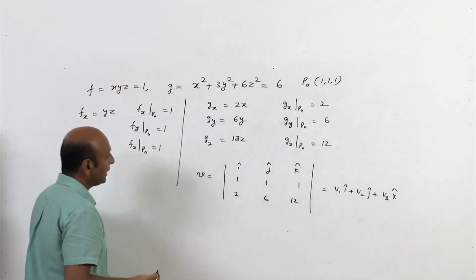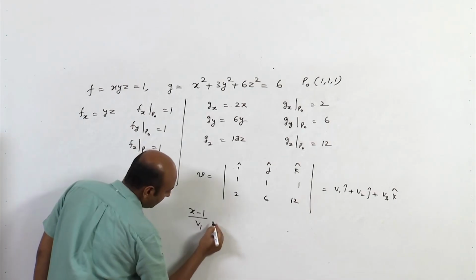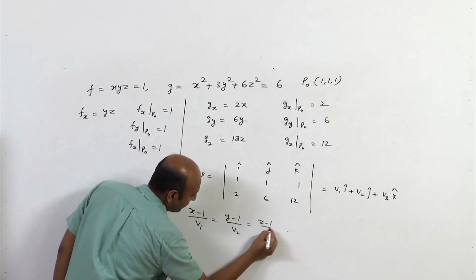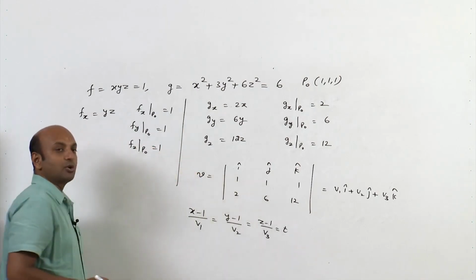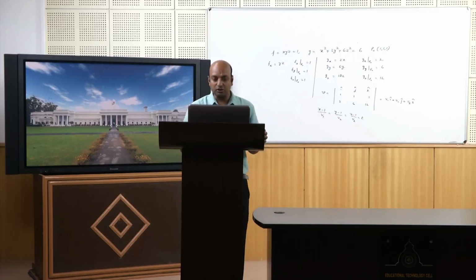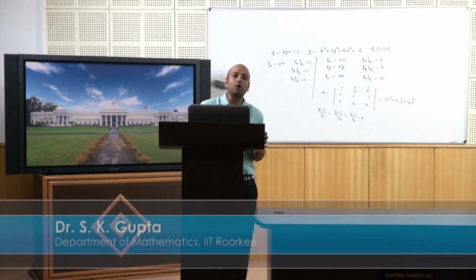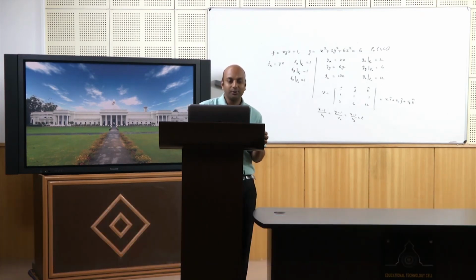Okay. Then the equation of tangent line will be x minus 1 upon V1, y minus 1 upon V2 and z minus 1 upon V3, which is t, say. So, this will be the equation of tangent line at P naught. So, similarly we can solve the second part also. So, these problems can also be solved using the properties of tangent plane and normal line. So, thank you very much.